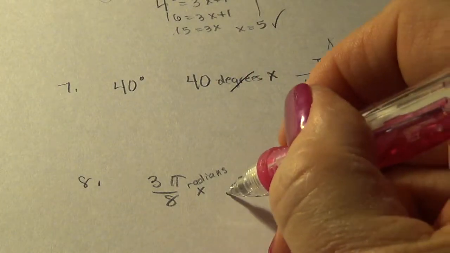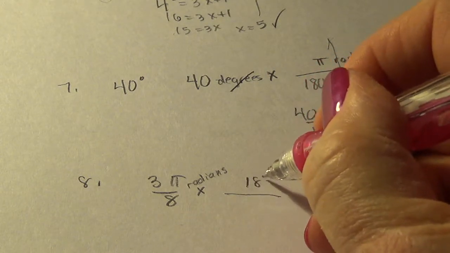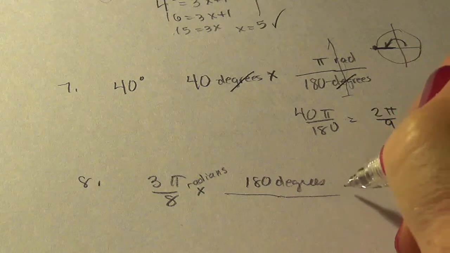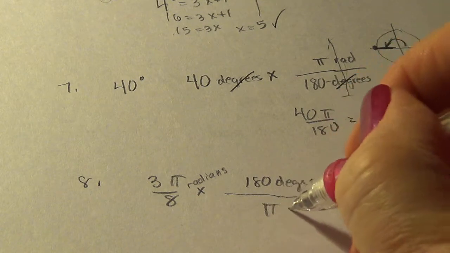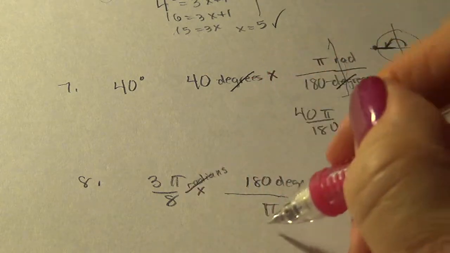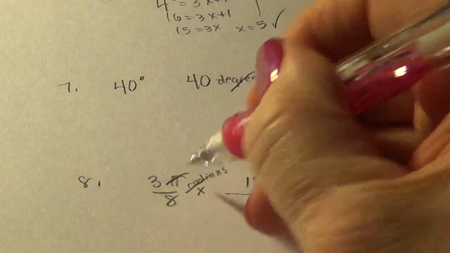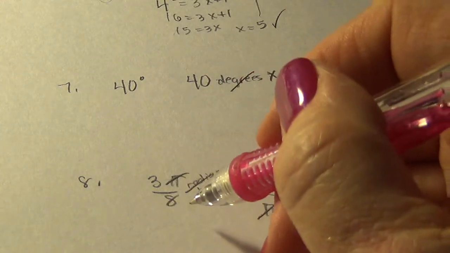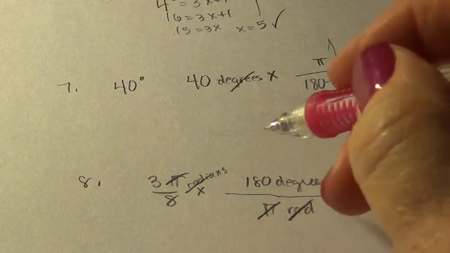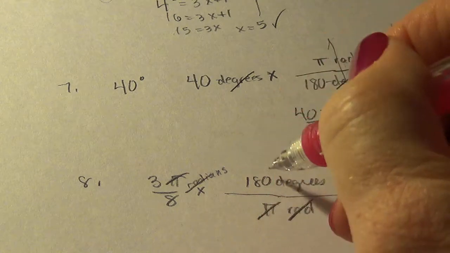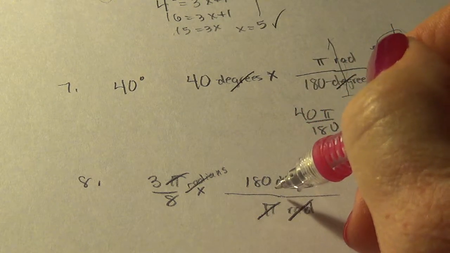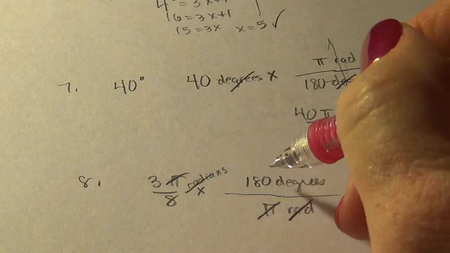So we're going to multiply by 180 degrees over pi radians. So radians crosses radians, pi crosses pi. 8 will go into 180, will it not? Let's see, it goes twice, 16, 20, no, not evenly.